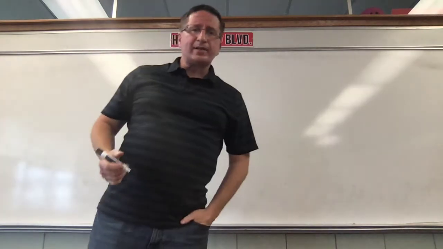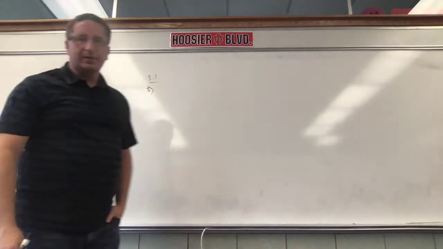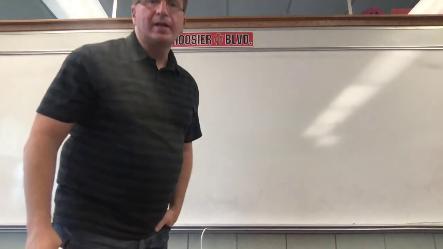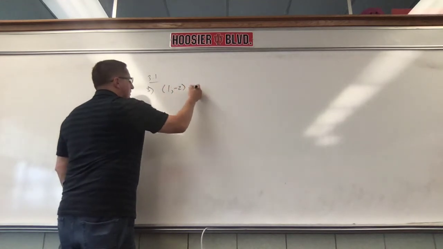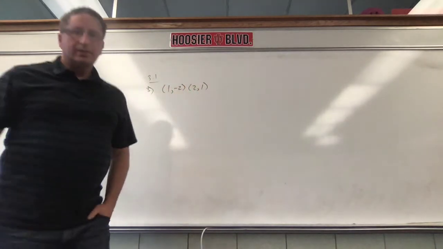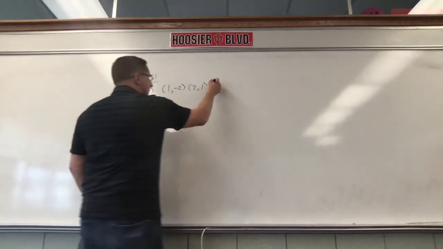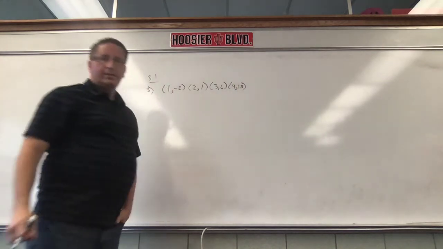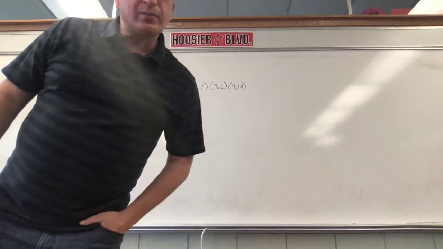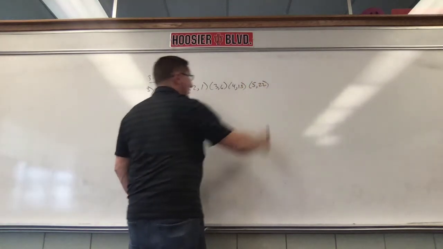So when we look at exercise 3 in Section 3.1, they give us the points (1, -2), (2, 1), (3, 6), (4, 13), and (5, 22). And they ask us, is this a function?